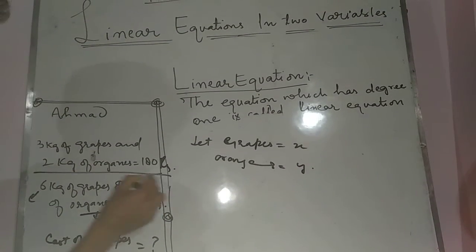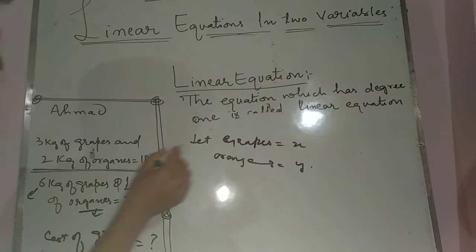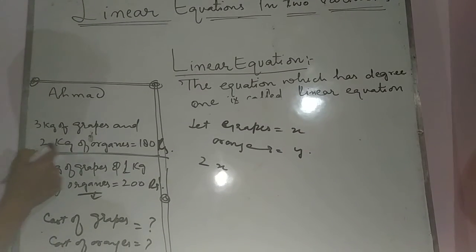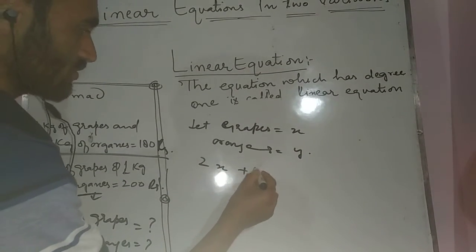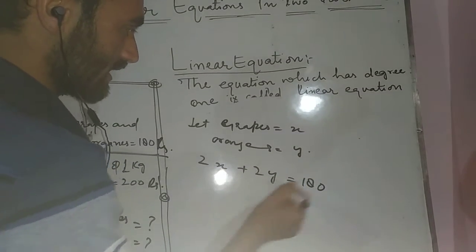Then from the situation, first he goes to bazaar, he gets 3 kg of the grapes. That means it is 3 into x because grapes are x, and 2 kg of the oranges, that is 2 into y. That cost us rupees 180. This is 180.